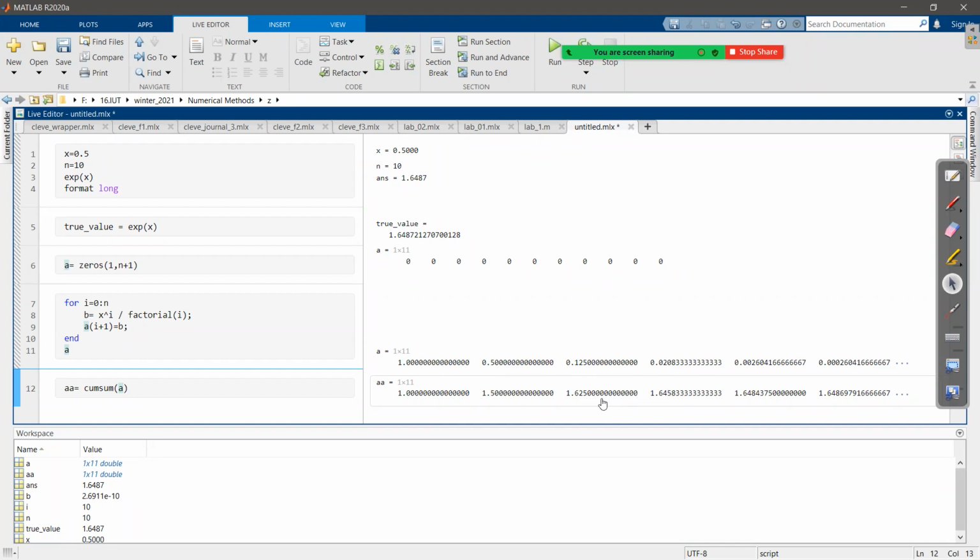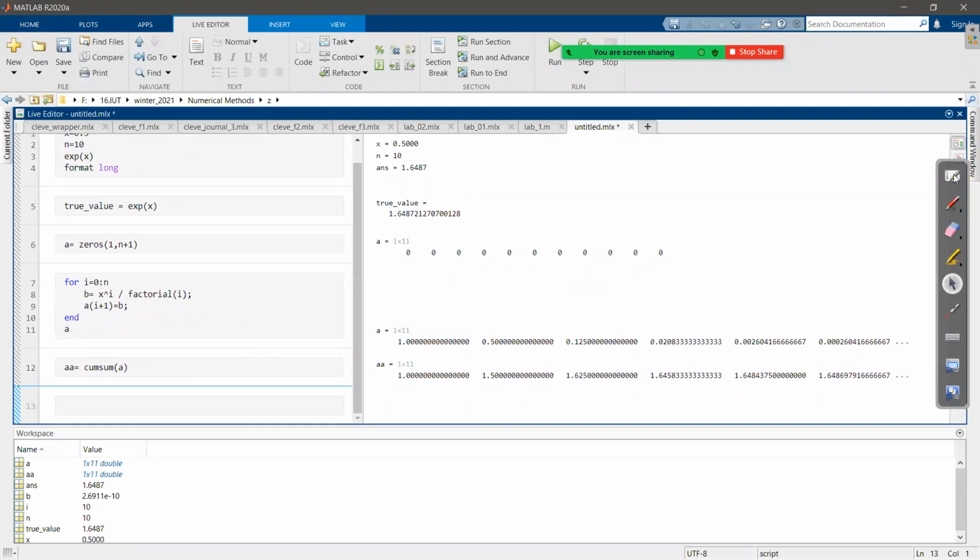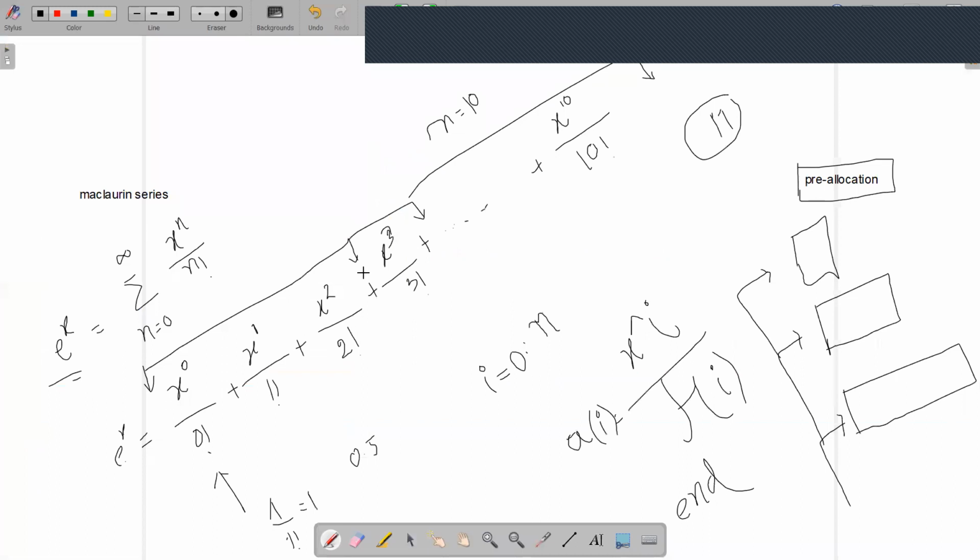Now, as you can see, if I say that n equals 4, that means I have to take up to this one, right? And the difference between this true value and this value is our error, the true error, or you can say the truncation error. We will choose it at our own convenience, whichever one we want to choose up to.